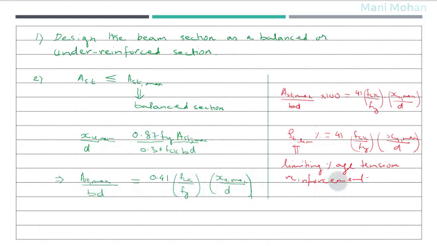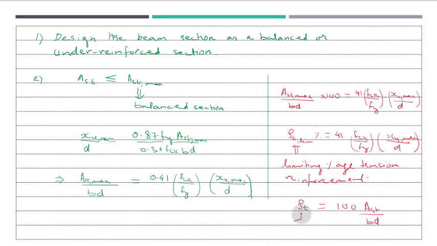Also, if I write rho T, this is percentage tension reinforcement, and this has been defined as 100 Ast by bd.